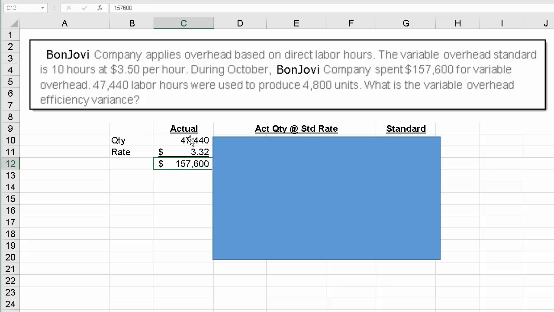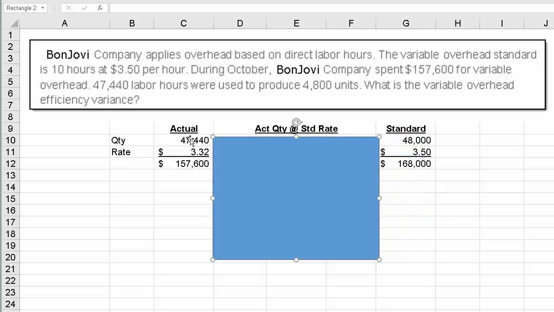Okay, so now I know the actual quantity and rate. What about on the standard side? Well, what did they tell us? They told us there's 10 hours permitted, that's the standard, for every unit, and there were 4,800 units produced. So if I take 4,800 times 10, I know that the standard quantity allowed for this level of volume was 48,000, and they also told us the standard rate was 3.50.